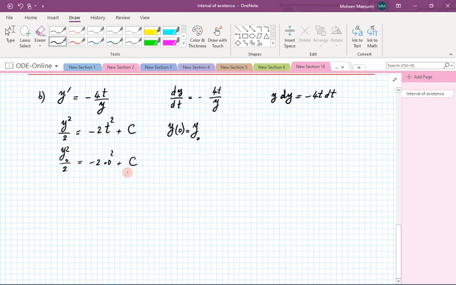In the simple cases, c turns out to be just that applied at y0. So c is y0 squared over 2. So I rewrite my equation. y squared over 2 is equal to minus 2t squared plus y0 squared over 2.